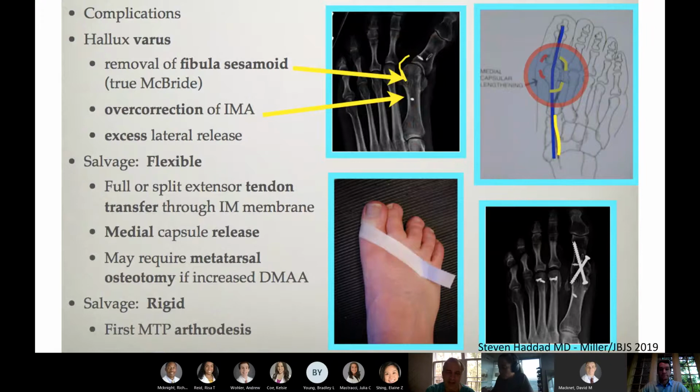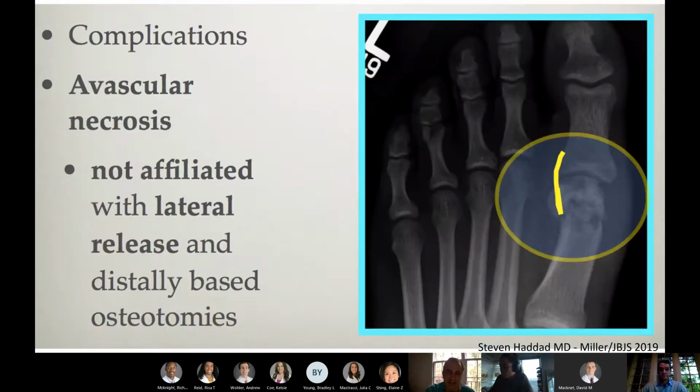When I was a resident, the teaching was that you don't do a lateral release with a distal osteotomy because of osteonecrosis. Then the guy named Fred Lippert went back and looked at all of his and showed that it didn't matter. So it's interesting that it's come full circle. But you just don't want to strip the head when you're doing these procedures.